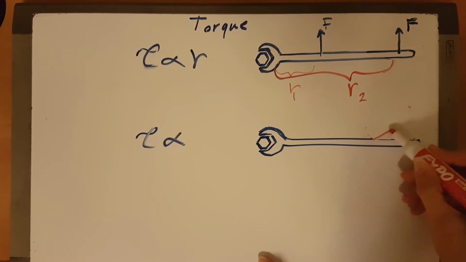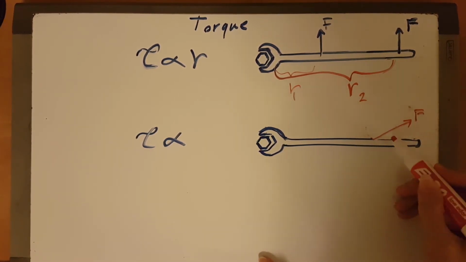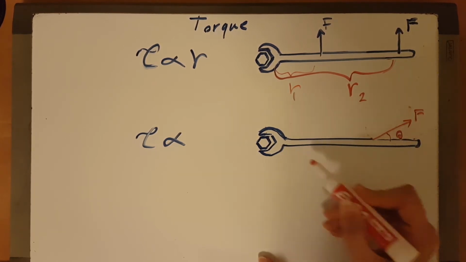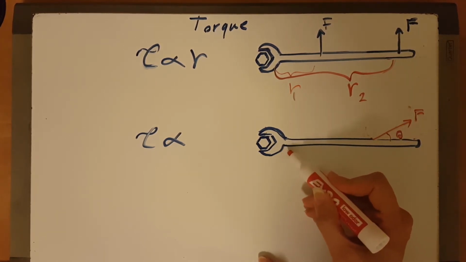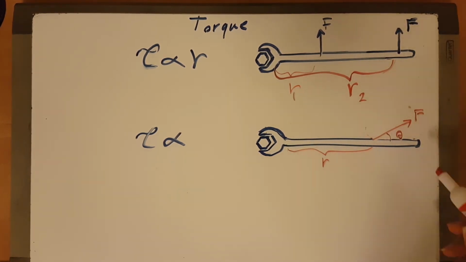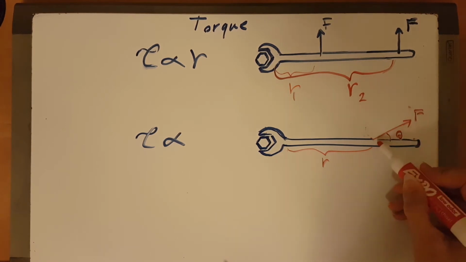If it's like this, now if this is my F and has an angle with the lever arm, of course this is my lever arm, right? So if this one has an angle with this lever arm, theta, let's divide it into its components.